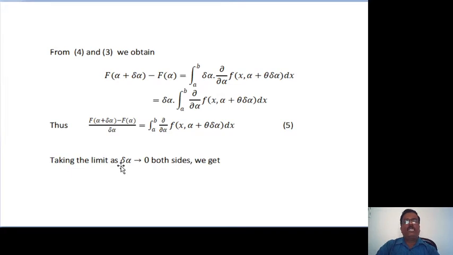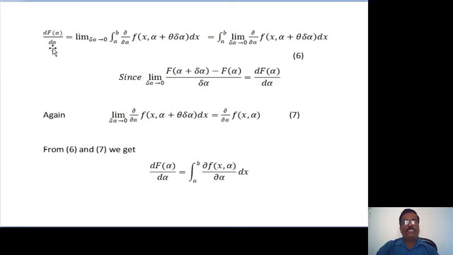Now taking the limit as delta alpha tends to 0 on both sides, this gives dF by d alpha. So dF by d alpha is equal to limit as delta alpha tends to 0 of integration from a to b dou by dou alpha of f of x comma alpha plus theta delta alpha dx, which is equal to integration from a to b limit as delta alpha tends to 0 of dou by dou alpha f of x comma alpha plus theta delta alpha dx.